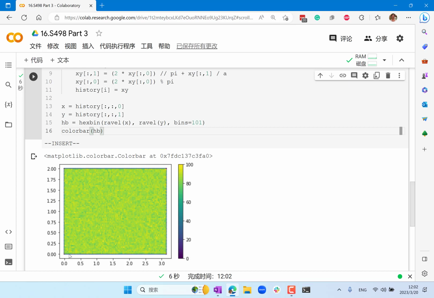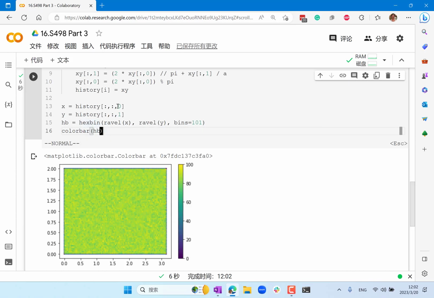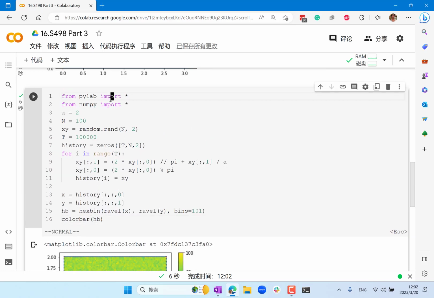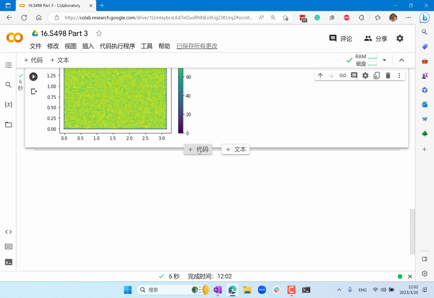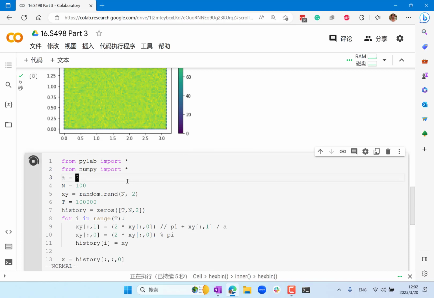Within the whole space between 0 and pi, and from 0 to 2. So we'll just remember this as one fact, and we'll compare it with running it with a equal to 3. So basically something larger than 2, and see what the result looks like.